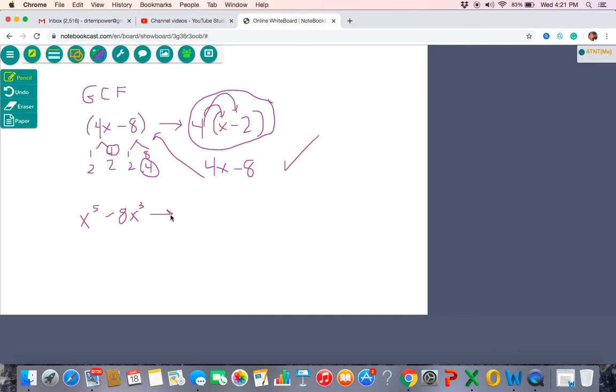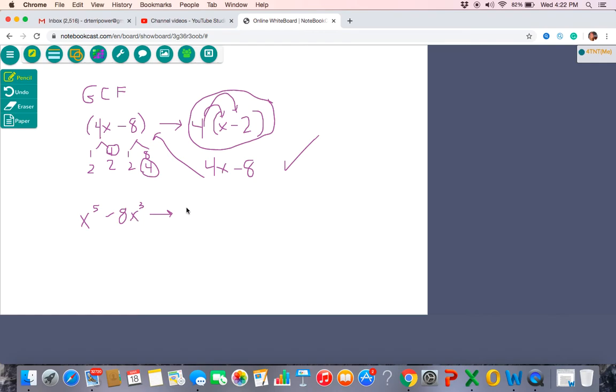Well, we're going to find what the common factors are here. And again, I'm not going to factor this out. You can factor it out, but you can hopefully see, right, that x to the 5th power contains x to the 3rd power.